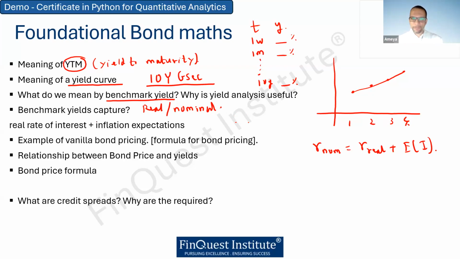Then that is the rate which I directly use in my calculation. I will not make a separate inflation adjustment. So I won't add a 4% CPI number on top of it. The yields which get quoted in the market will already have the inflation expectations embedded inside them. And that's why we say that the yields which are quoted in the market, benchmark yields or otherwise, are always nominal yields.